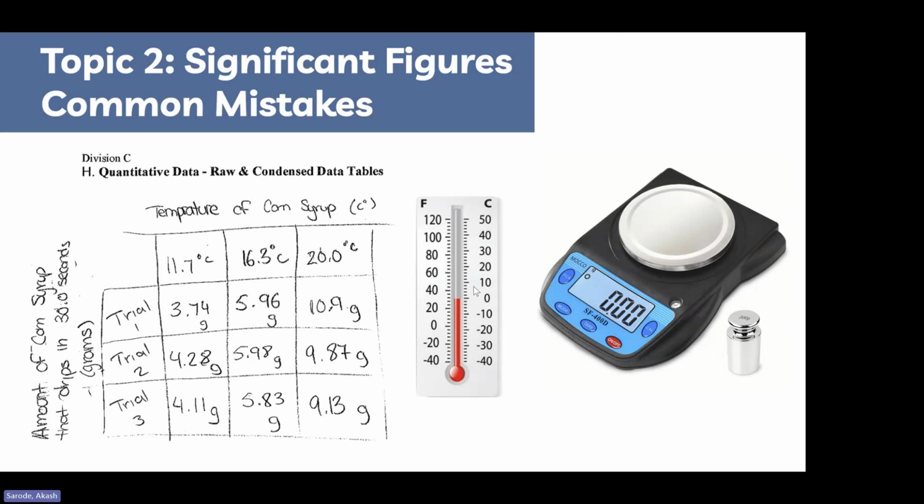In the scientific world, you definitely want to stick to using the metric system as much as you can. So in this thermometer, the Celsius is measured by increments of 1. So 0, 1, 2, 3, 4, 5, and so on. And we wrote down the temperature of corn syrup to the tenths place.